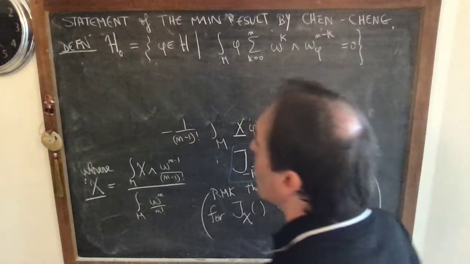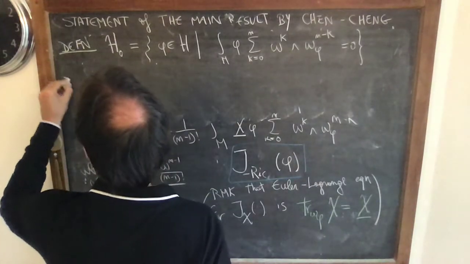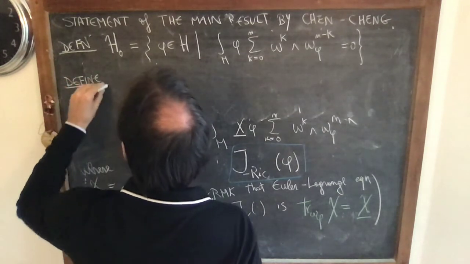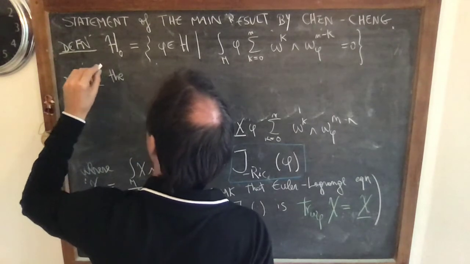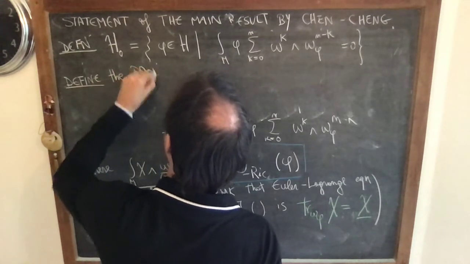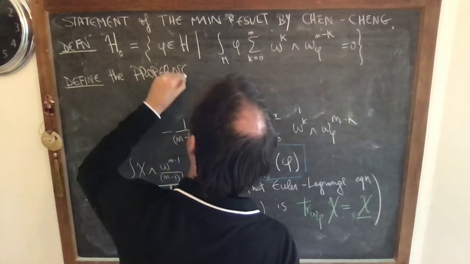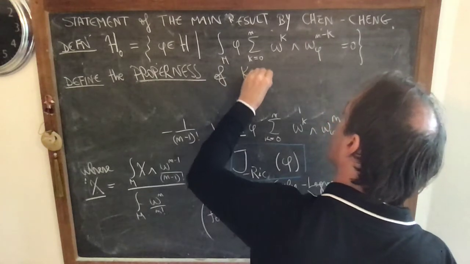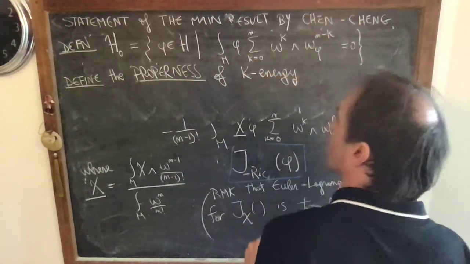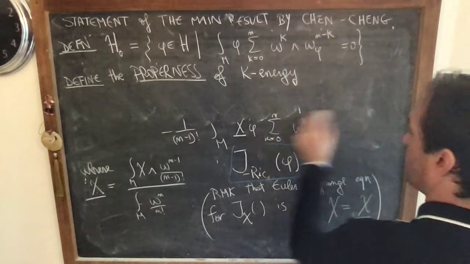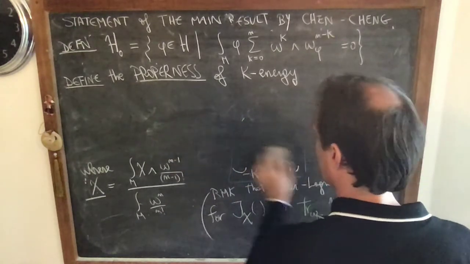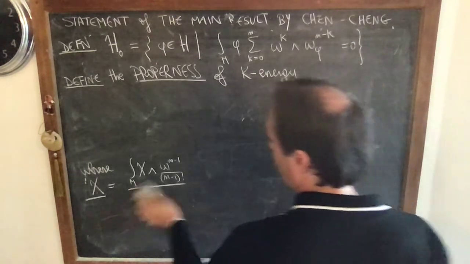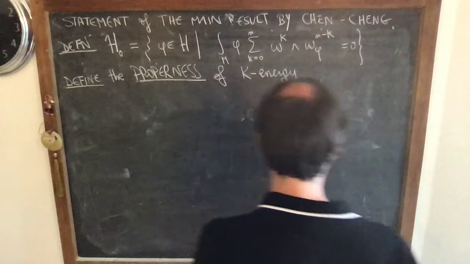Now we want to define the properness of the K energy, and we see how the ingredients introduced so far come together into the picture.